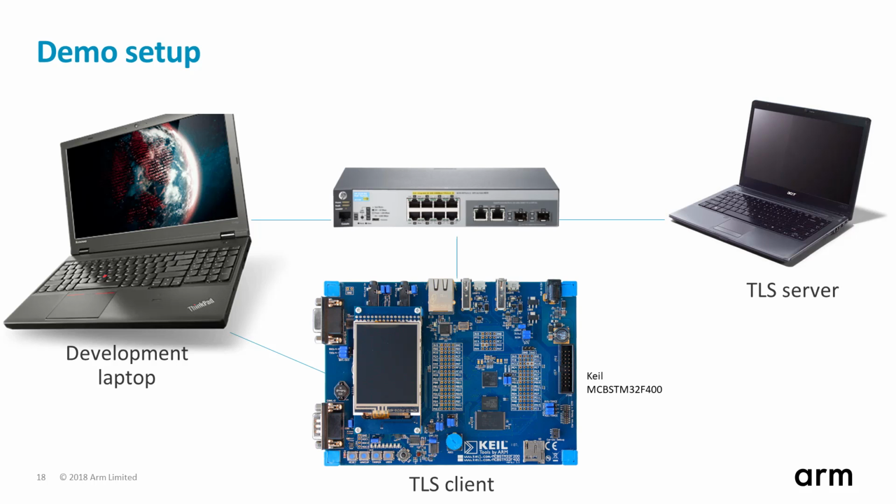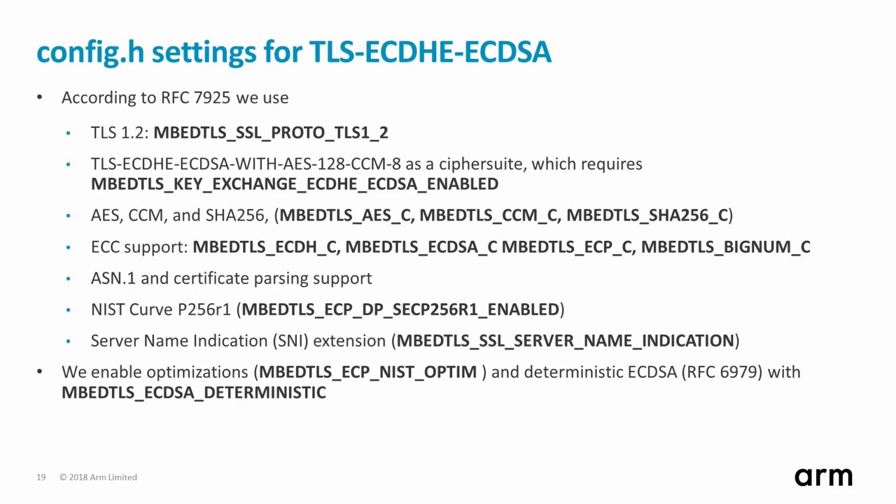We again use the C preprocessor directives to guide our build process for Mbed TLS. We focus on the use of elliptic curve cryptography as previously explained, and use the recommendations from RFC 7925. The config.h settings for the TLS-ECDHE-ECDSA ciphersuite with AES 128 CCM8 are more complex and require some explanation.